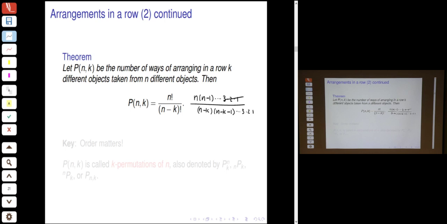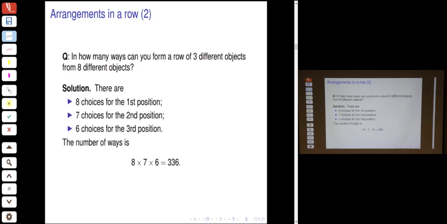Now the tail will be cancelled. So you cancel everything up to n minus k, and on top you have a product that stops at n minus k plus 1. This is exactly the same as the earlier count.